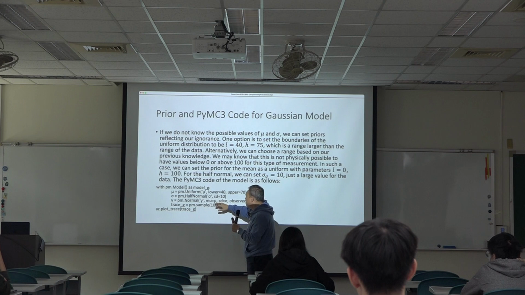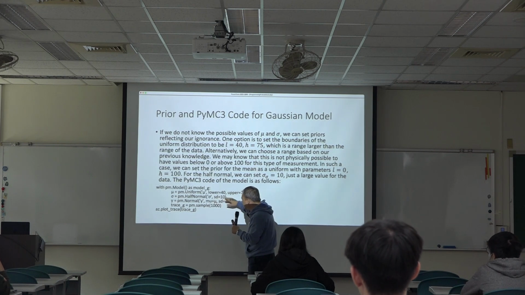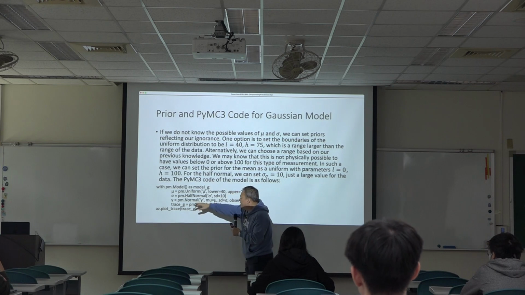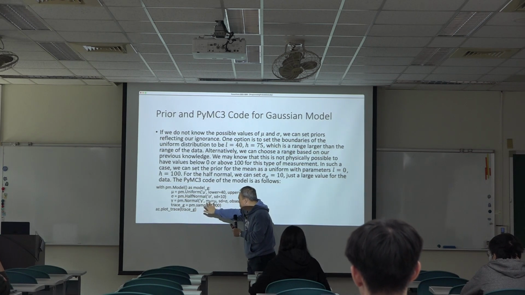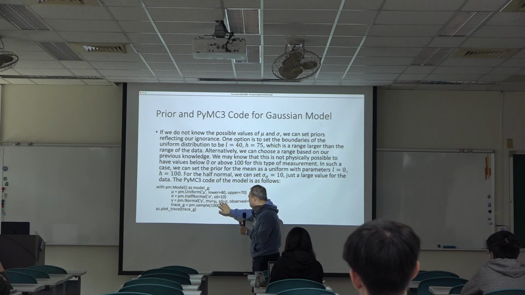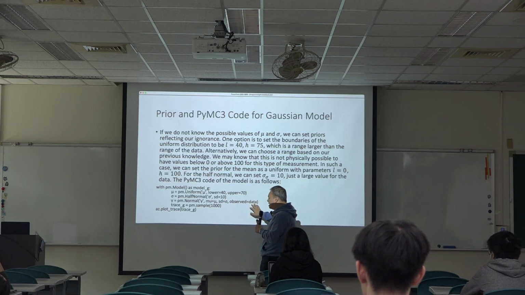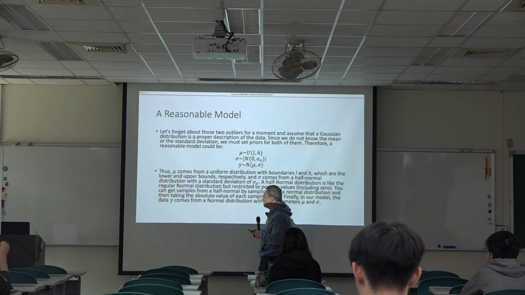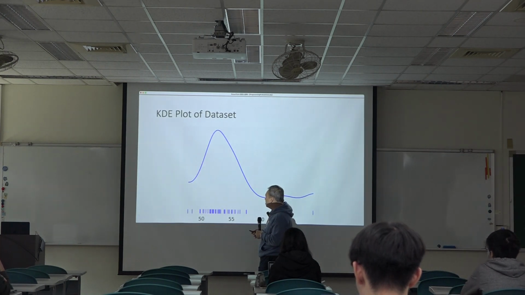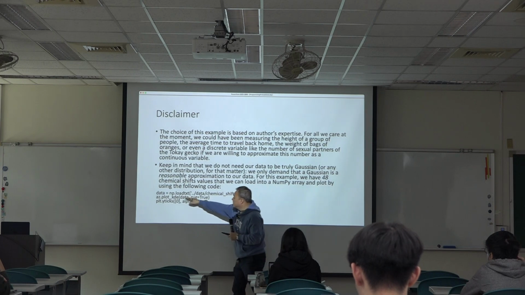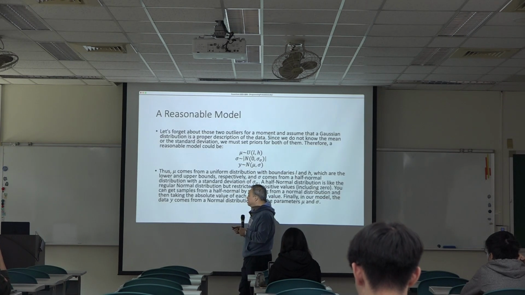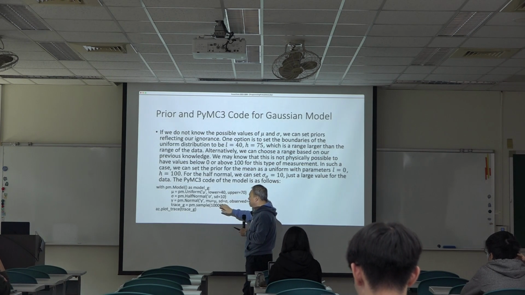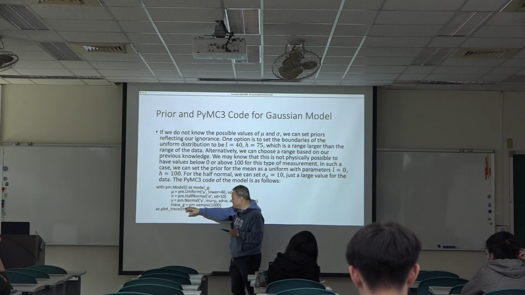So you set SD equal to 10, and then with the mu and the sigma, you specify mu and the standard deviation sigma. Observed equals data; the data is what you load from a particular file, here. Then you hit the inference button.